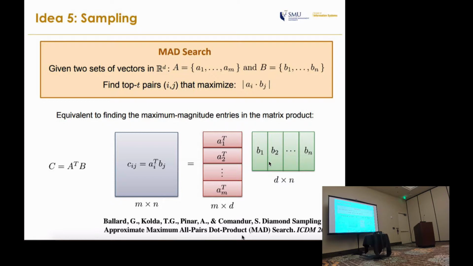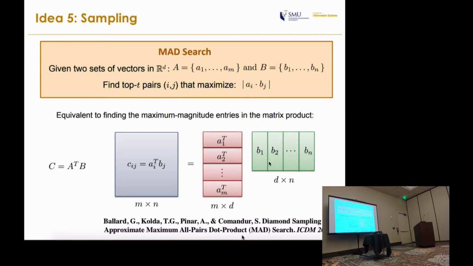Instead of having only one query vector and doing the inner product search for one vector, they solve a more general problem in which you determine the top k pairs that have the highest inner product of the two matrices.